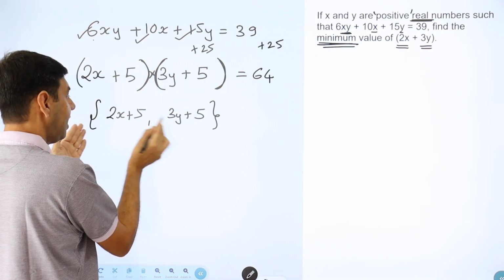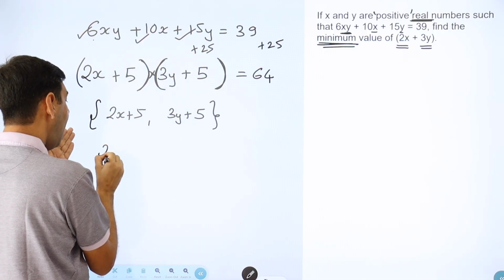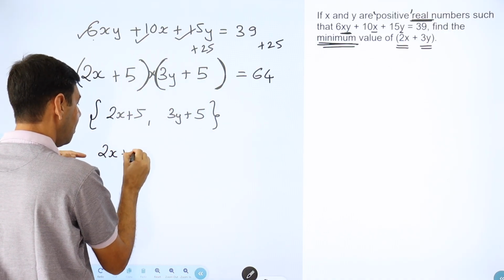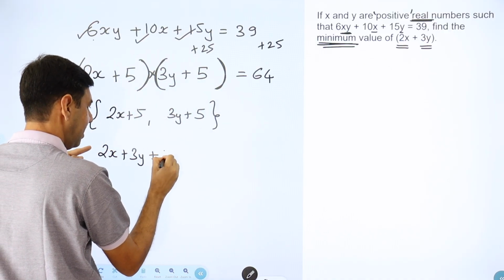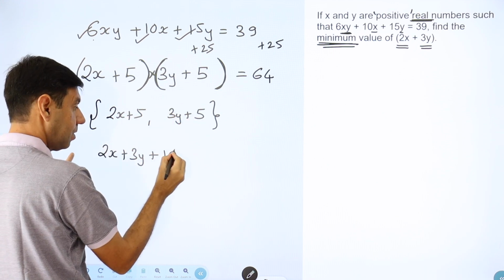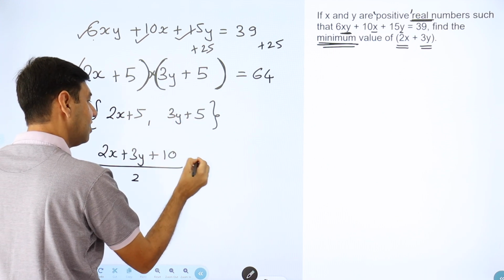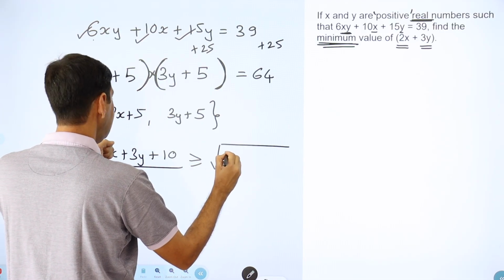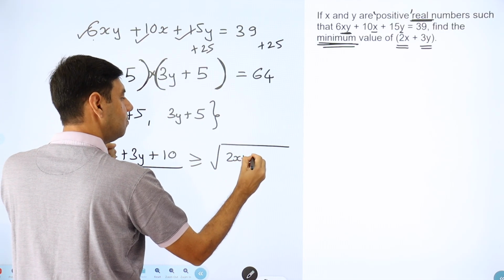So I can compare the AM, and when you take the AM, you are going to get this plus this, which I'm just writing it completely, a plus b by 2 is greater than or equal to the square root of the product. And this product is what we know.